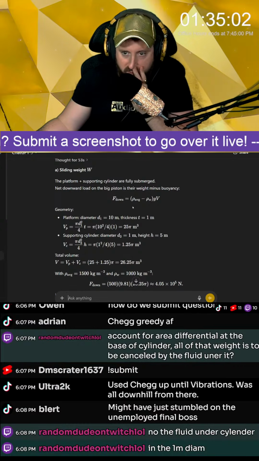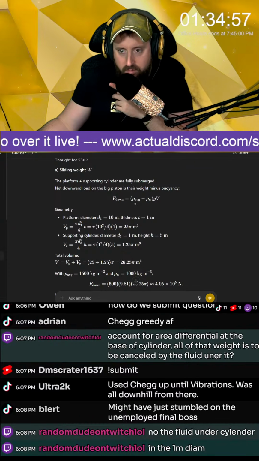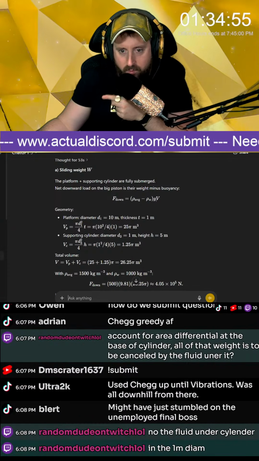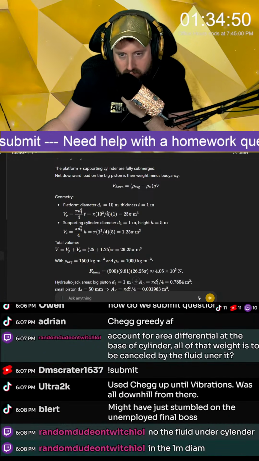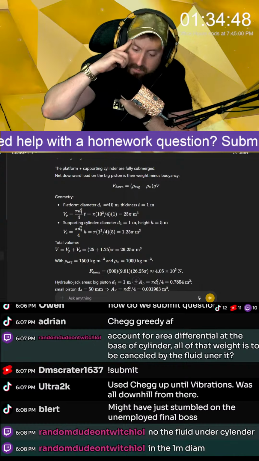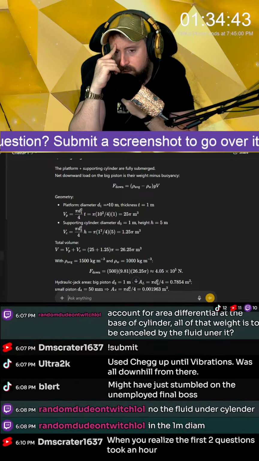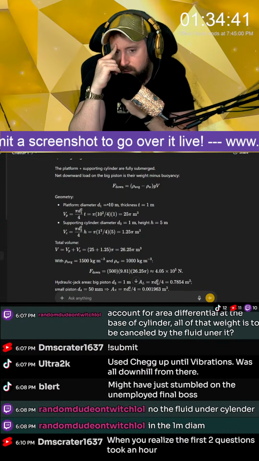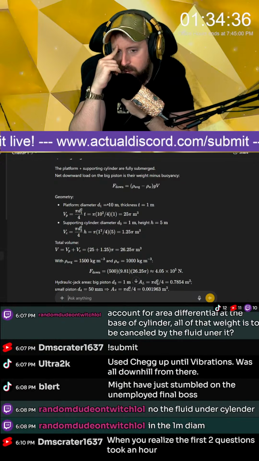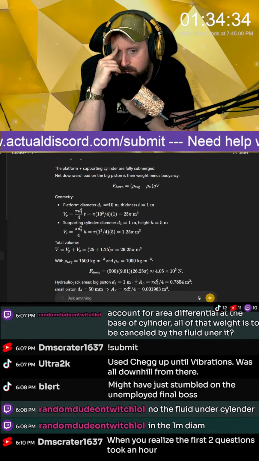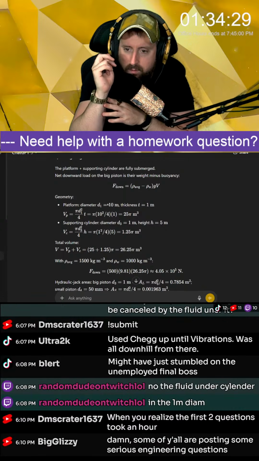Net downward load on the big piston is that minus the buoyancy. Okay, I agree with this. Rho average minus rho weight over G times GV. The platform diameter is 10, so yeah. Okay, so they do D squared. Wait, it's R over 2 squared. Pi. Yeah, wait, 0.5.